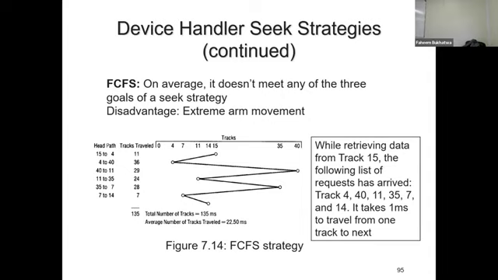If we find all the movements, the number of tracks that had to be moved across, and add them all together, we found that the head moved 135 tracks, or 135 milliseconds. All those requests don't even take 0.02 of a second.